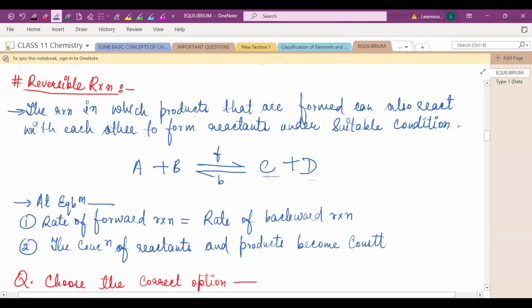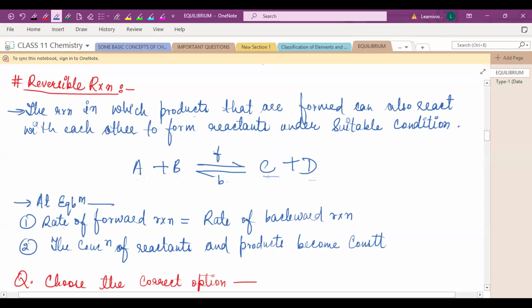This is known as backward direction. So this type of reaction, in which the product formed by a forward reaction can again react with each other to form the reactants under suitable conditions, is a reversible reaction. The reaction which can be reversed. Product can be reversed to the reactant, and reactants can form the product. So that is a reversible reaction.